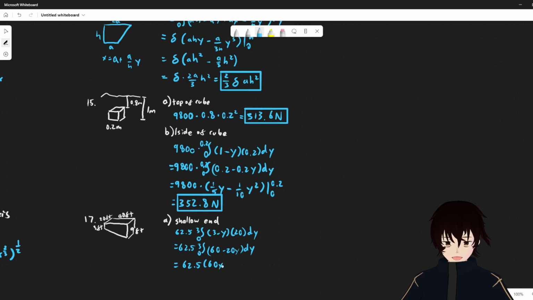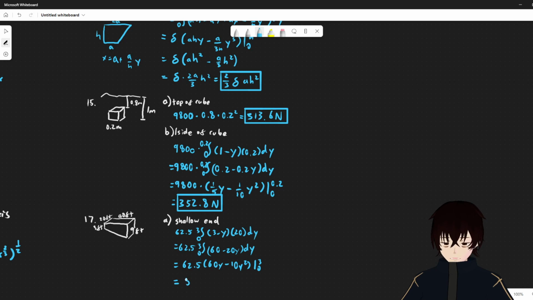That's 60y minus 10y squared from 0 to 3, which if we multiply out, actually, do I need a calculator for this? Yeah, there's decimals. I'd rather have a calculator do it for me. Times 60 times 3 minus 10 times 3 squared.